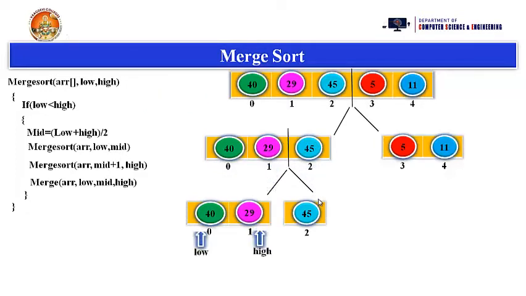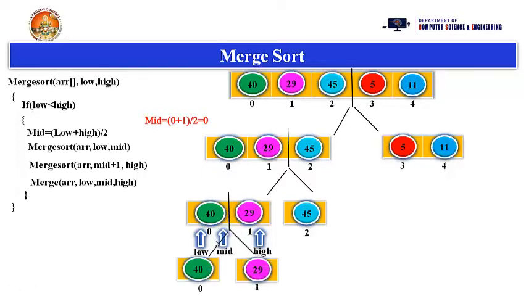Low is pointing to the 0th index position and high to the first index position, and we find the mid value: low plus high by 2, that is 0 plus 1 by 2 equals 0. So 0 is the mid value now. Low to mid is one subarray, and mid plus 1 to high is another subarray. So we have subarrays like this.